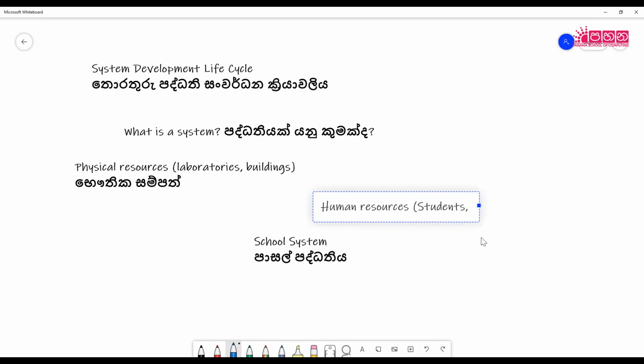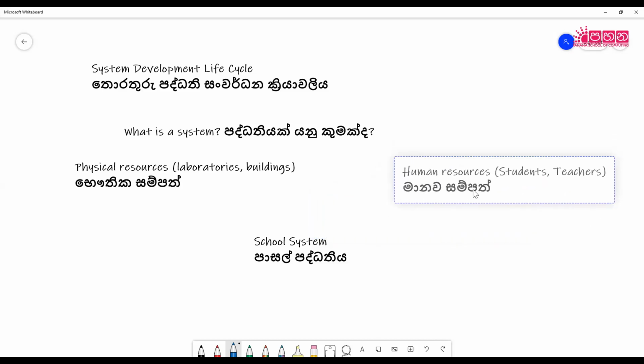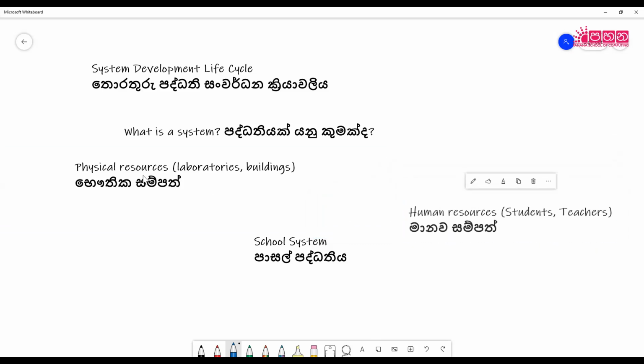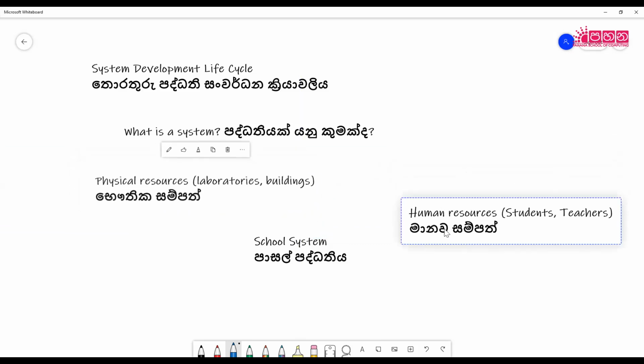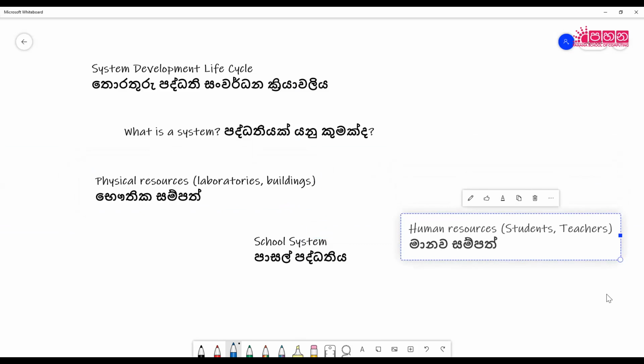Students, teachers, right? We call it Manava Sampada. We have that. Yes, this is another one you have. You have physical resources, you have human resources, Manava Sampatti. What else you have?